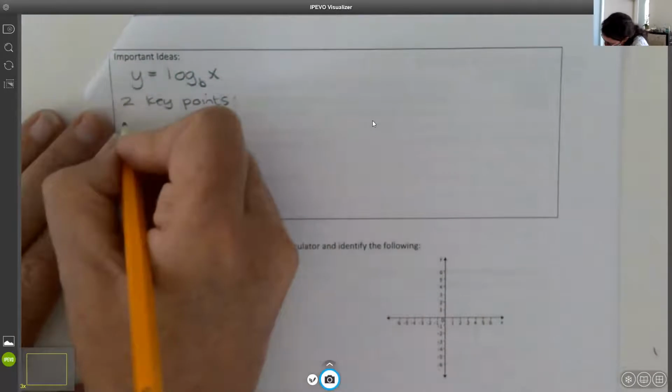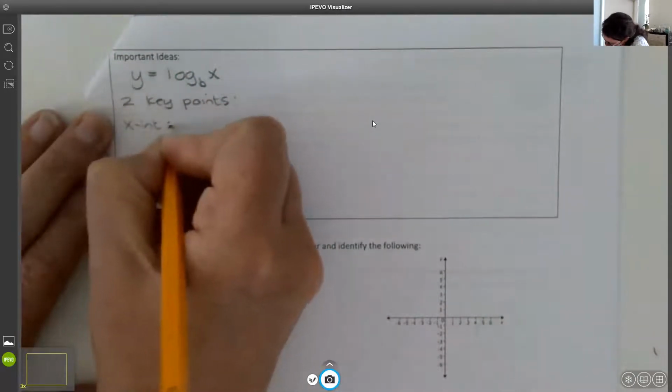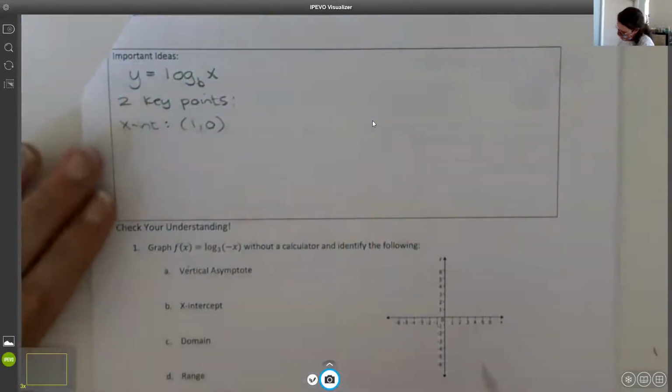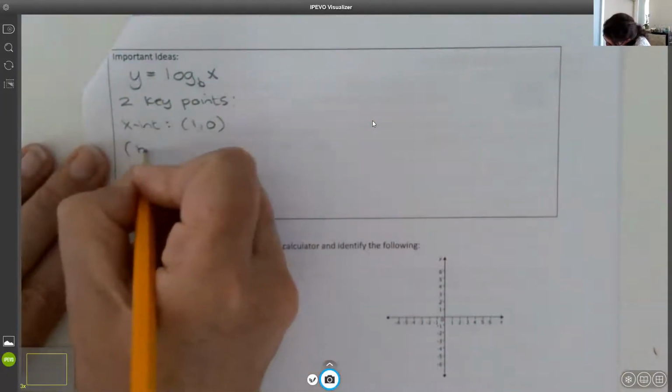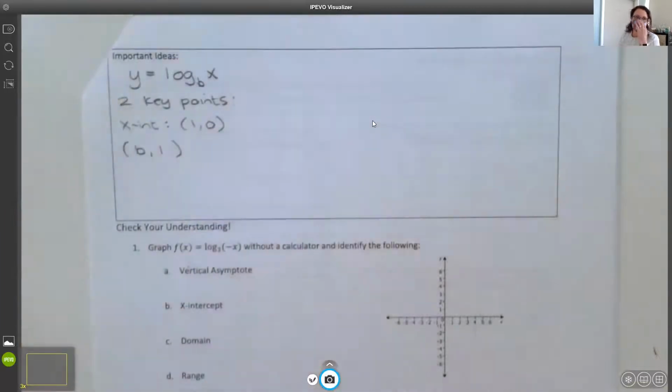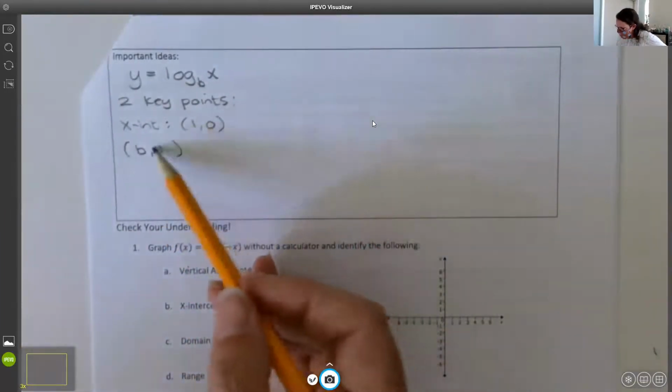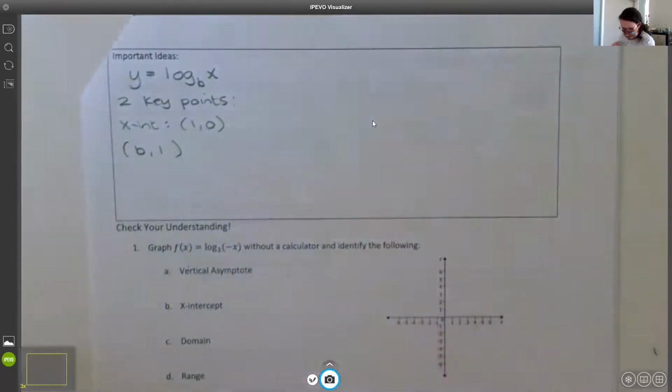The first one is the x-intercept of (1, 0), and the other one is (b, 1). This is really helpful as you're graphing functions to recognize those 2 points.